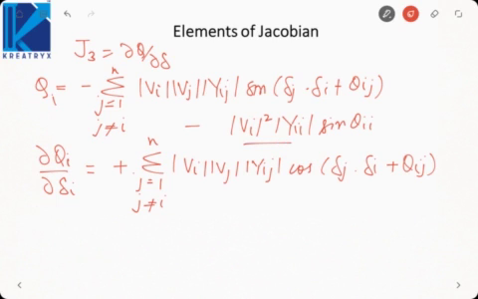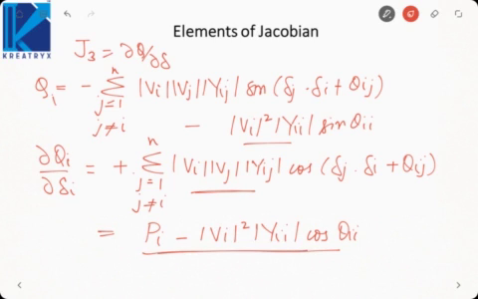Then the derivative of this term would be 0. Now this term resembles power, but since j is not equal to i, we will add the ith term and subtract the ith term. So that is |Vi|² |Yii| cos(θii). We have added and subtracted this term, so it can be expressed in terms of Pi. Okay, so that is a more compact form.